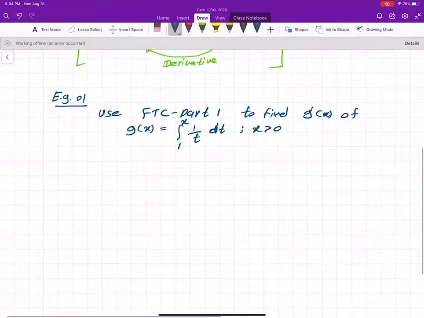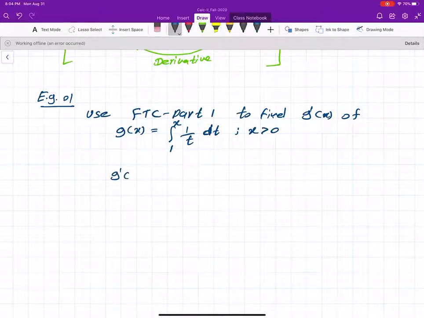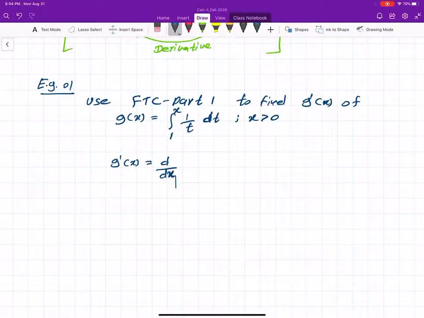All right, so you have to find the derivative of g, that is g prime. Now I'm going to write g prime of x as the derivative operator applied to the right hand side of the given g(x), that is the integral of 1 over t dt.